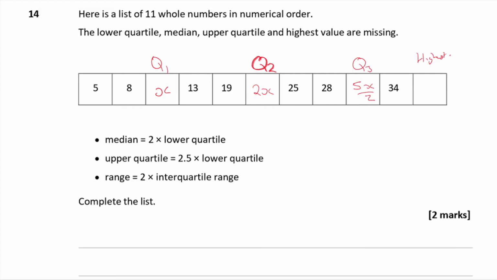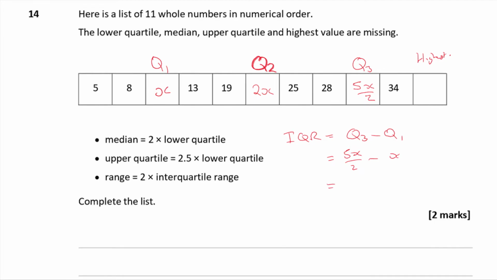And we know the range is 2 times the interquartile range. Okay, so the interquartile range, that is equal to the upper quartile, Q3, minus Q1, which is 5x over 2 minus x.